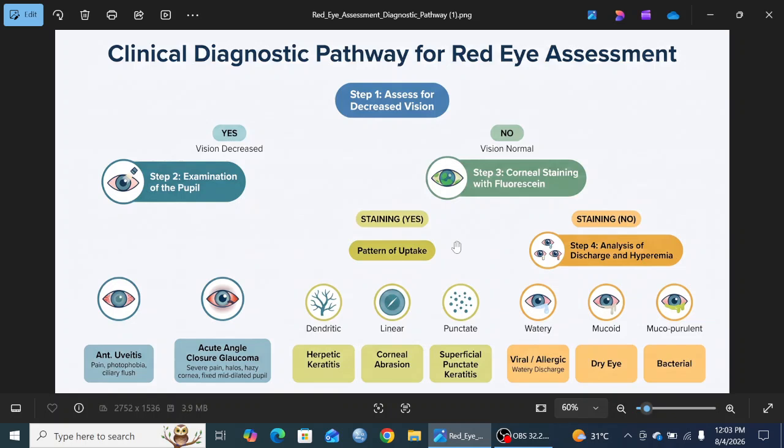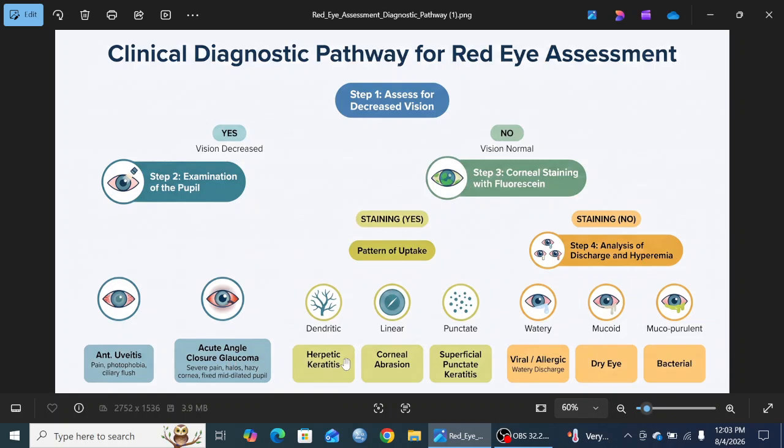Because every red eye looks similar from a distance, but the underlying diseases are completely different. One patient may have simple viral conjunctivitis and will recover within a few days. Another patient may have acute angle glaucoma and could become permanently blind if treatment is delayed by only a few hours.